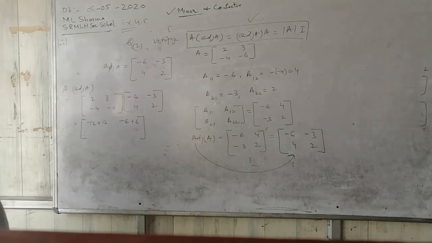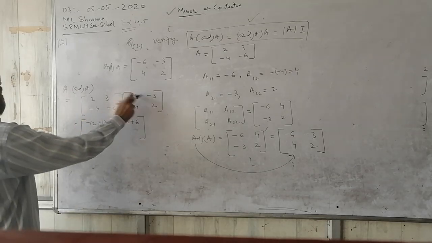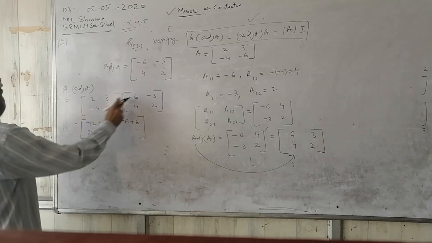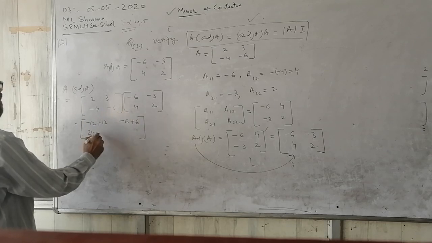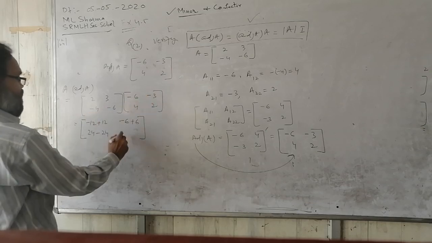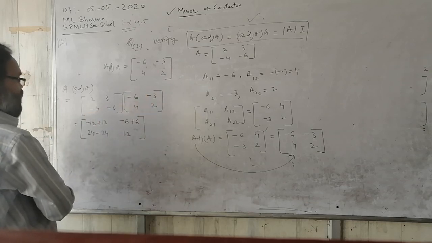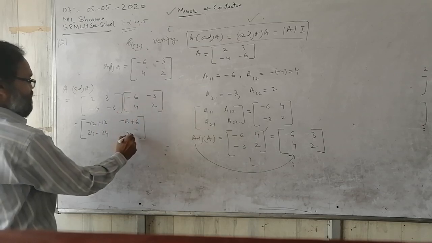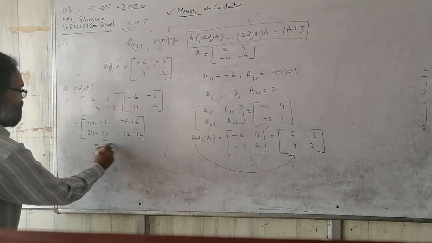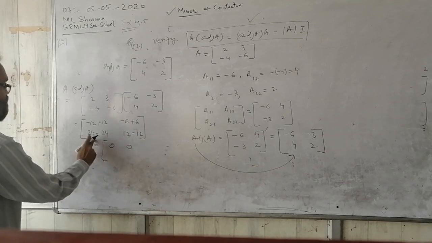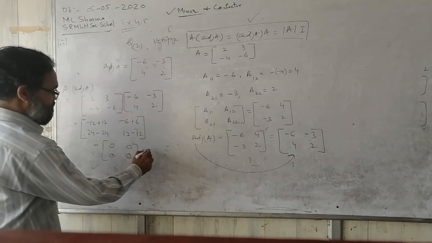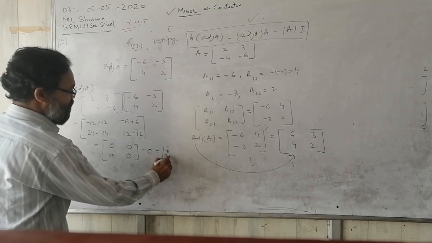Then for the second row, minus 4 into 6 is minus 24 and minus 6 into minus 4 is plus 24. Then minus 4 into minus 3 gives plus 12, and minus 6 multiplied by 2 gives minus 12. So this will equal 0 here, 0 here, 0 here, 0 here. That means it is the 0 matrix, and this will equal determinant A into I.